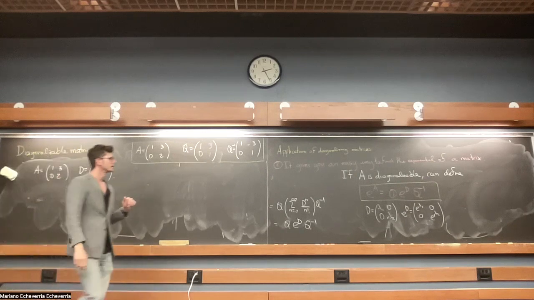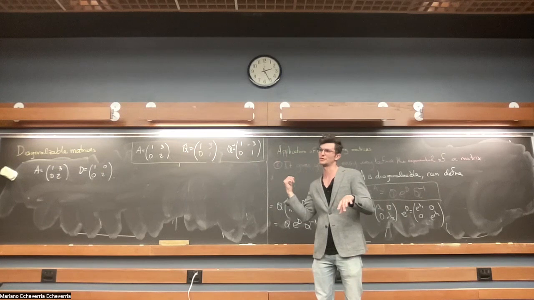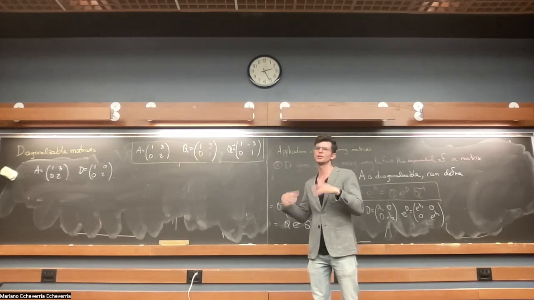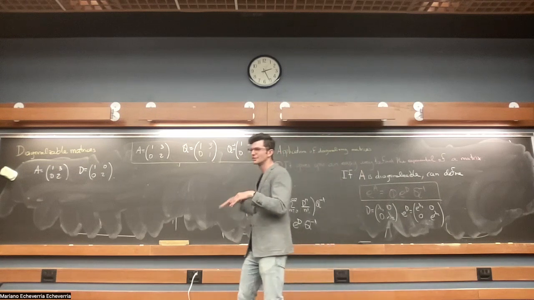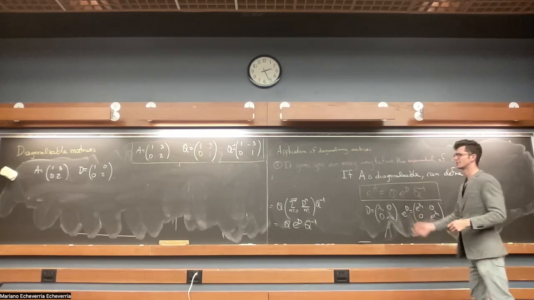The exponential can be defined without the matrix being diagonalizable, but then it's the power series, and dealing with that is a mess in general. If you want a useful formula, the diagonalizable case is easy, because you just have this one.